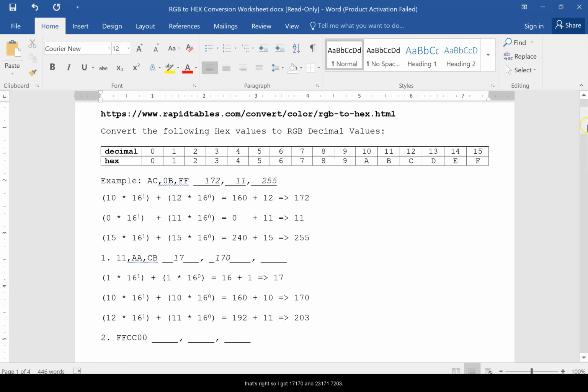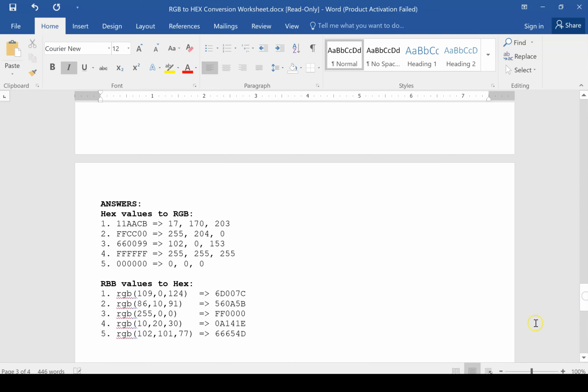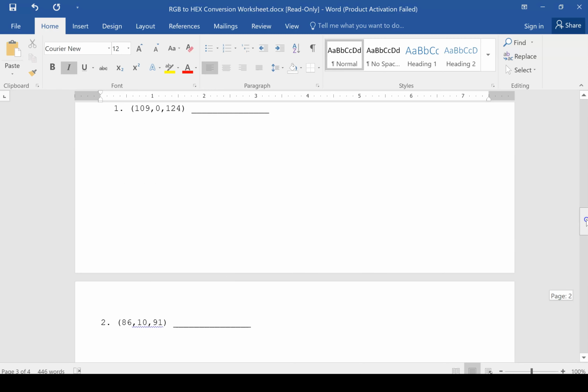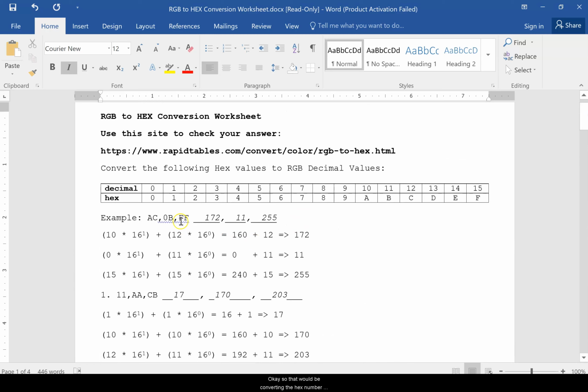So let's see if that's right. So I got 17, 170, and 203. Okay, so that would be converting the hex RGB number to the decimal RGB value.